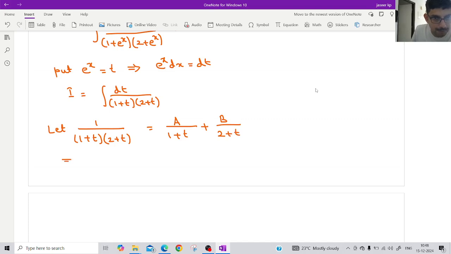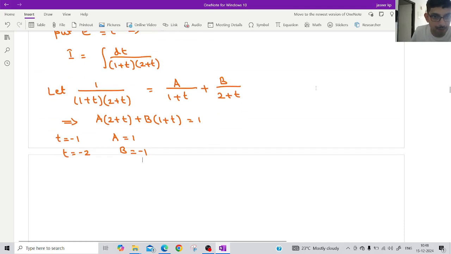Now simplifying, we'll get a into (2 plus t) plus b into (1 plus t) equal to 1. So when t equals minus 1, a will become 1, and when t equals minus 2, b will become minus 1. So the values of a and b are 1 and minus 1.